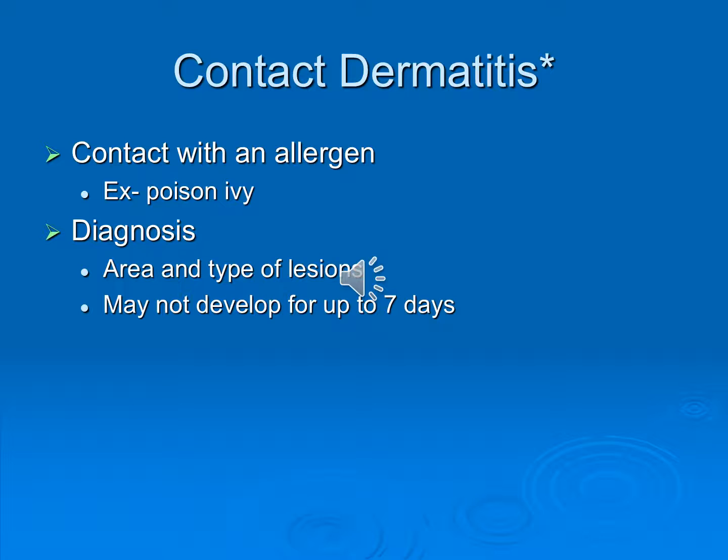Make sure that you are aware of what lesions form with these different skin conditions and understand what those lesions look like. It's hard sometimes in the diagnosis because it may not develop for up to 7 days after exposure to the allergen.